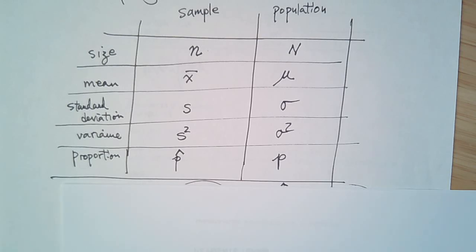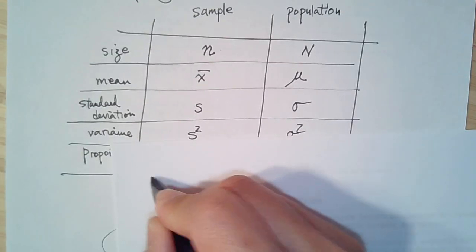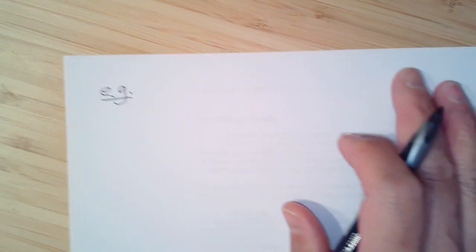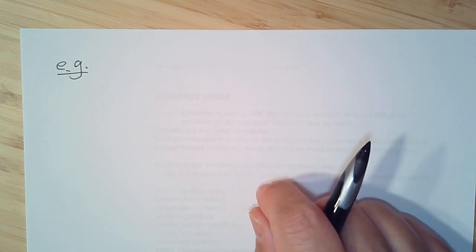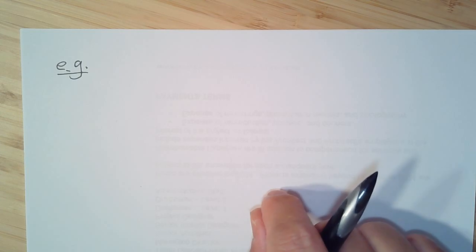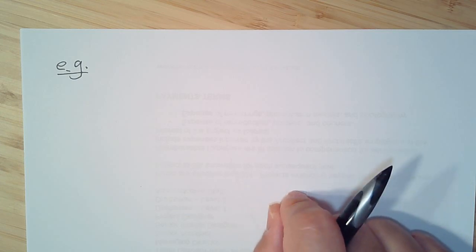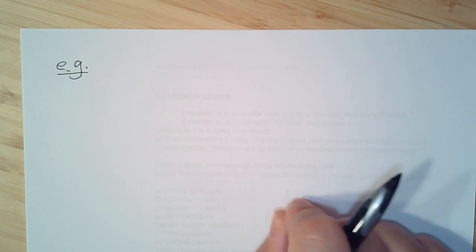Now, first of all, let me give you this one example. We're going to repeat a process. You roll a die 5 times and find the proportion of odd numbers. What are the odd numbers? 1, 3, 5, right?